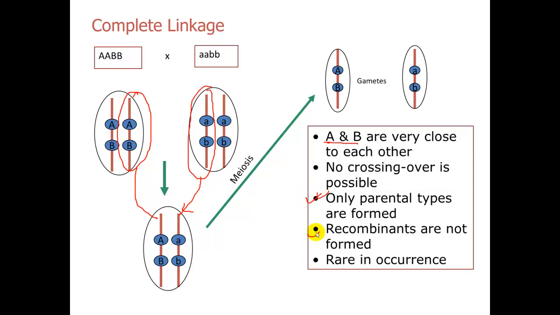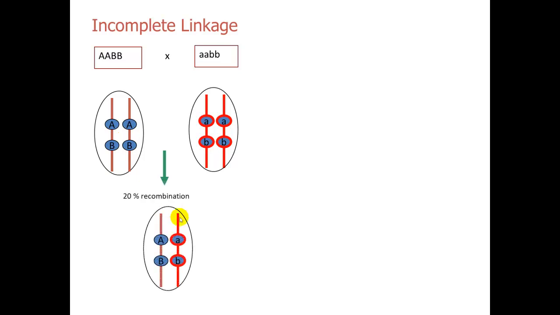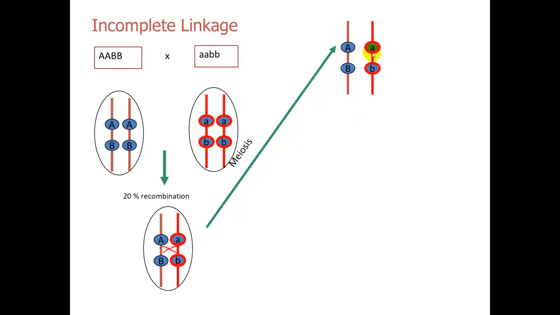Now let's talk about the incomplete linkage. If suppose A and B, there is a sufficient distance between A and B that some sort of crossing over is going to happen, then what will you see? That it is going to have a crossover, and as a result of crossover, what will happen? That 4 different possibilities are formed: AB, then small ab, then capital A small b, and finally small a, capital B. So these are the possibilities that are going to be formed, right?